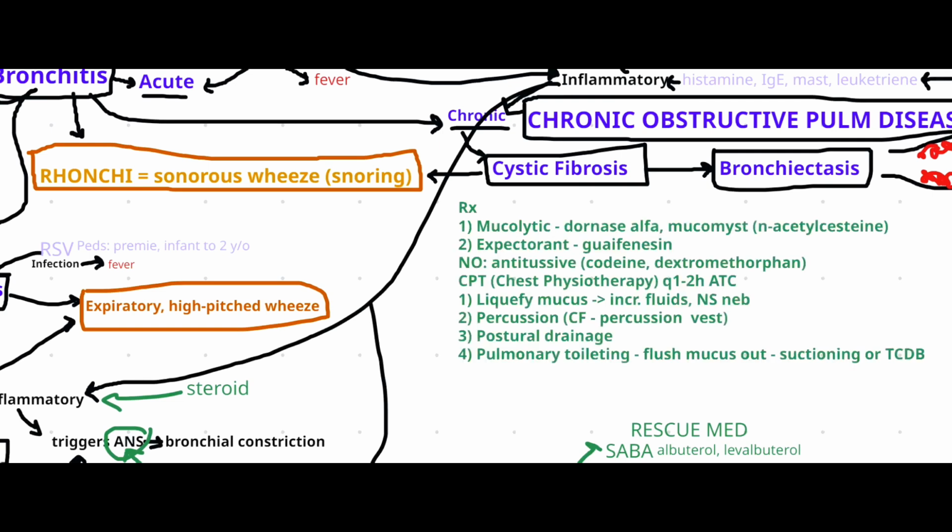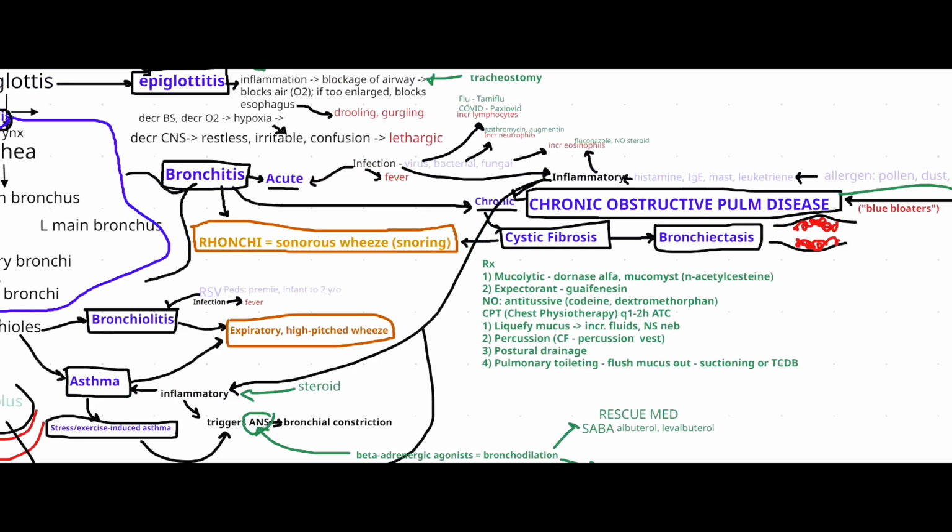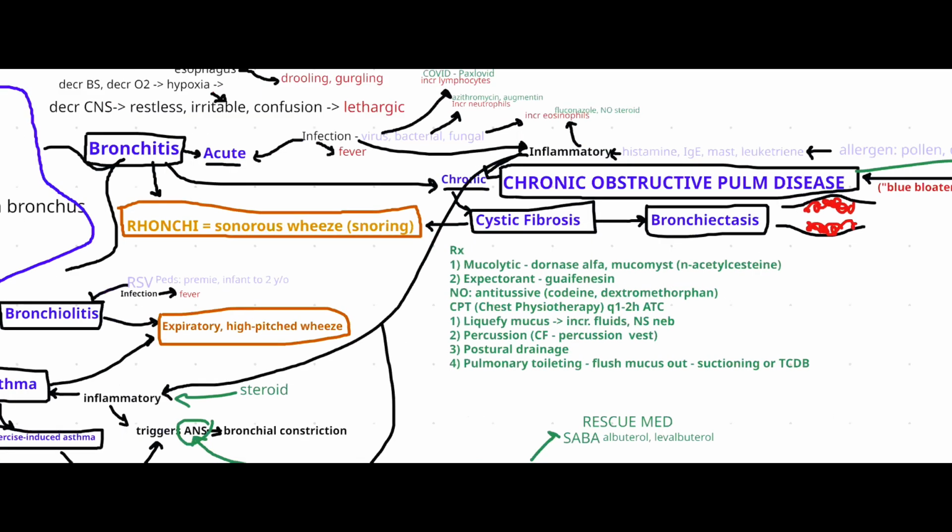Okay, so that's the mainstay of that. You can certainly do that for pneumonia as well, if there's a lot of secretions, or maybe a sick emphysema patient, okay? But it's most aggressive in a cystic fibrosis patient that you would do that for, okay?